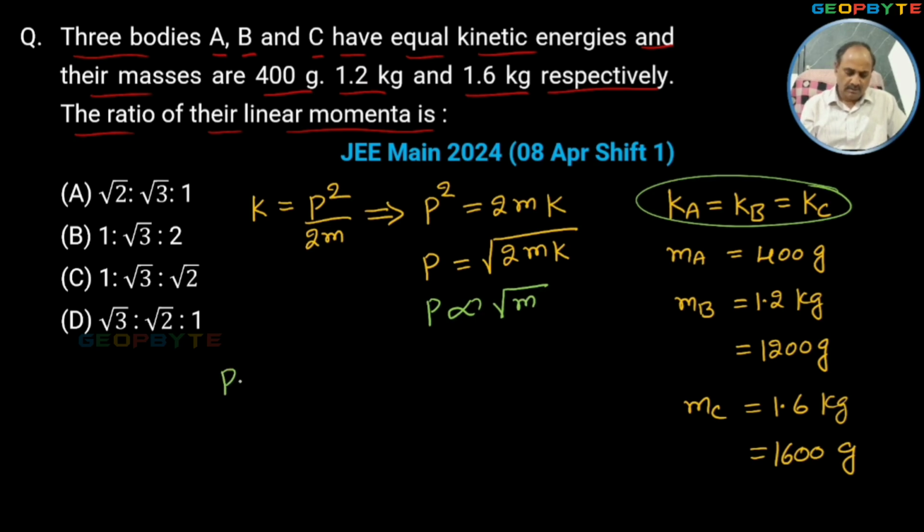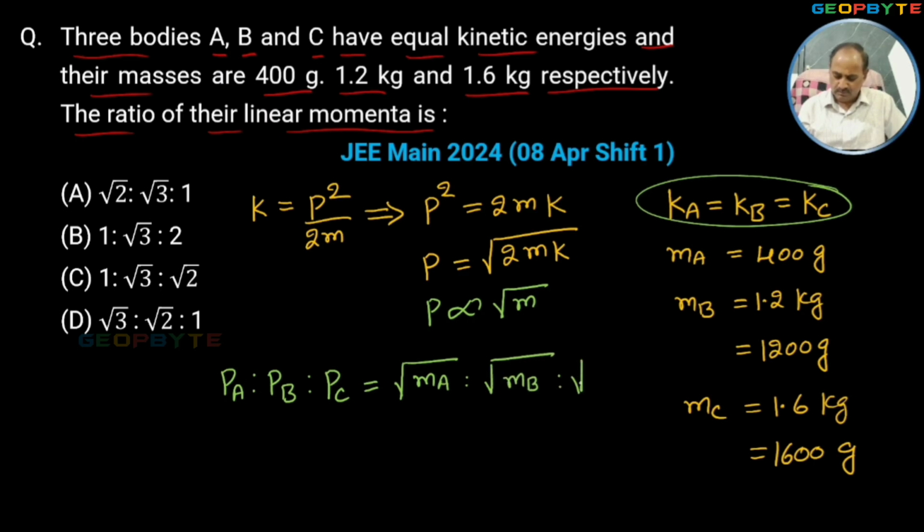Therefore, the linear momentum of A is to linear momentum of B is to linear momentum of C equal to root over MA is to root over MB is to root over MC, because the linear momentum is proportional to under root mass. Root over MA equal to what?